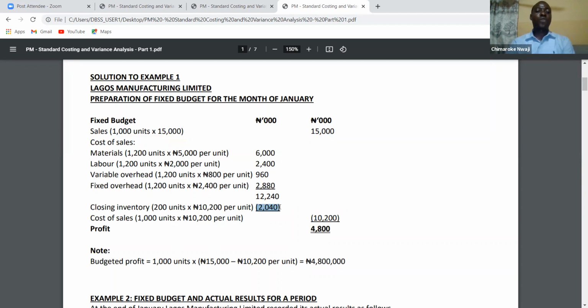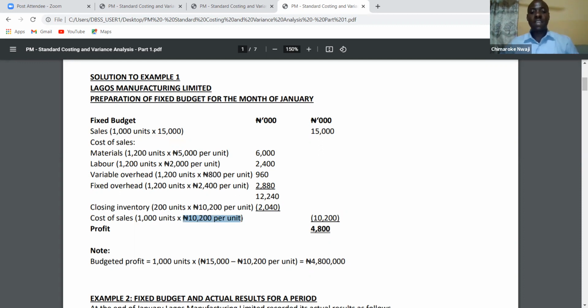Of course, even without going this way, you would have gotten your cost of sales easily by multiplying 1,000 units, which is what is sold, because we are saying the cost of sales. If we have sold 1,000 units, how much did it cost us to make those 1,000 units? So that's why I use 1,000 units here, multiplied by the standard cost of production.